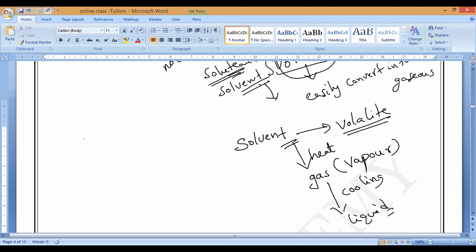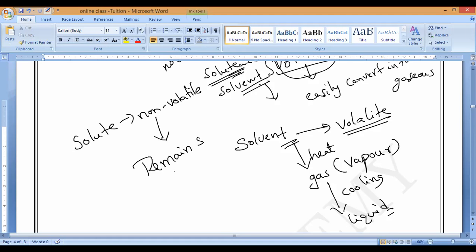But the solute is a non-volatile substance. It remains in that beaker only, in the same container. Do you understand, all of you? Respond to me, please. Yes, sir.